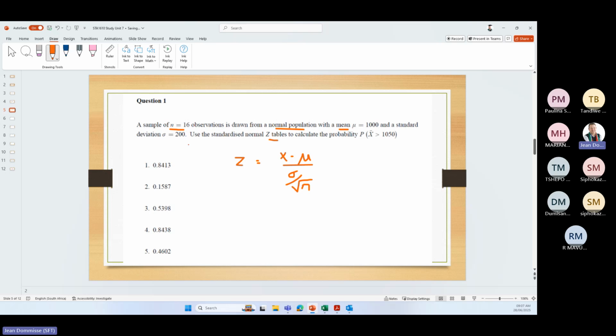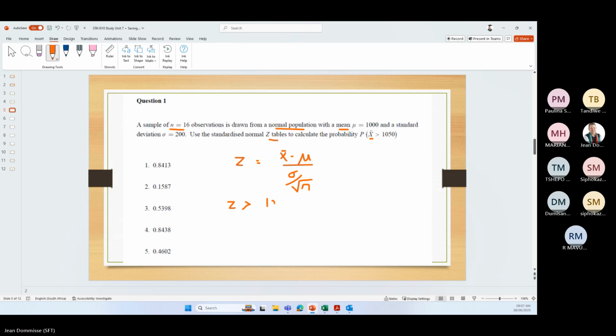They give us a bit more information when they say use the standard normal Z tables to calculate the probability that X is going to be bigger than 1050.